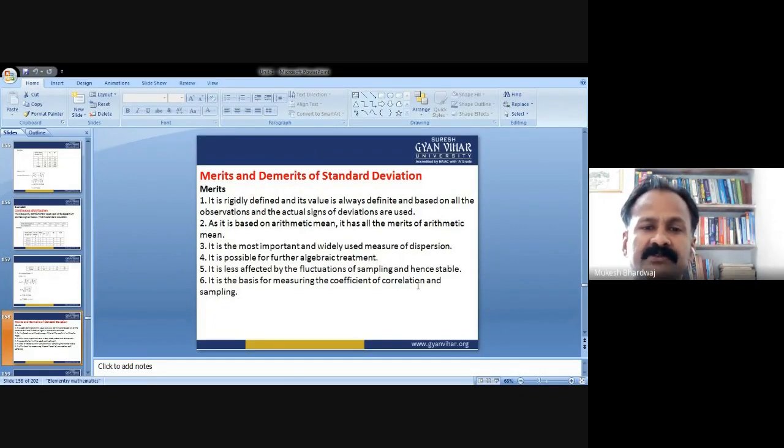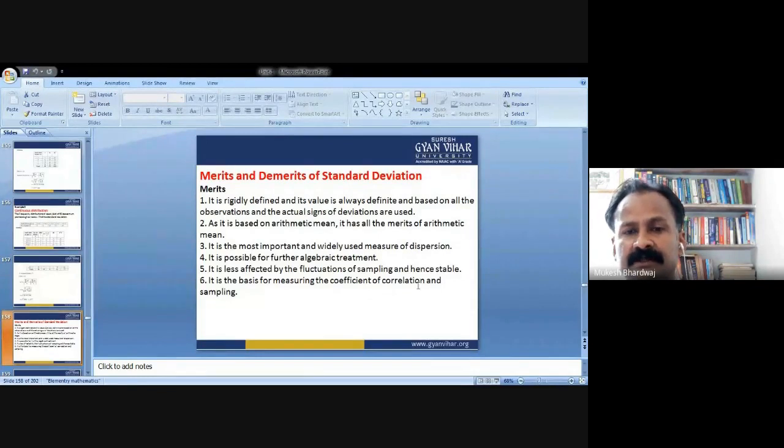And it is based on the arithmetic mean. It has all the merits of arithmetic mean. It is the most important and widely used measure of dispersion. It is possible for further algebraic treatment. That means standard deviation can be used in further calculation.